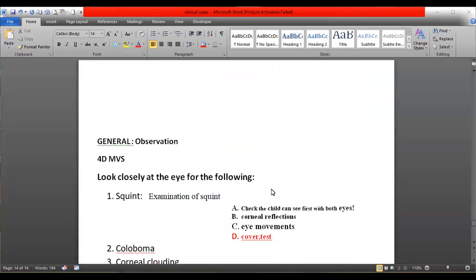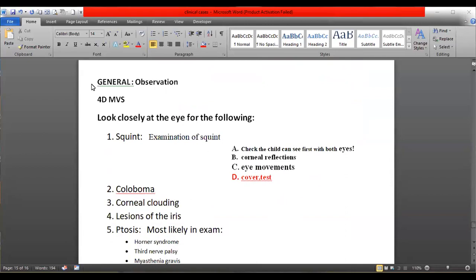Now again, in the general observation, I already described the 4D MS. A means mentality, V means vitals, and S I forgot that. Anyway, this part is compulsory at every stage.